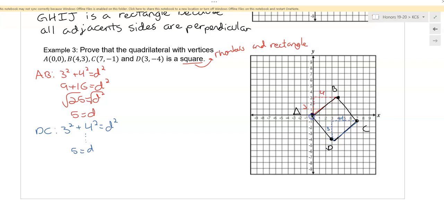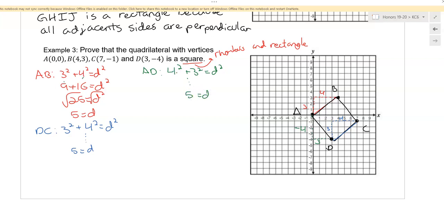A to B, Y, X, that's negative 4, positive 3, right? Remember, your negative doesn't matter for your Pythagorean theorem, it matters for your slope. So I could still do this as 4 squared plus 3 squared. Okay. And that's fine to recognize that it's still just 3 and 4.